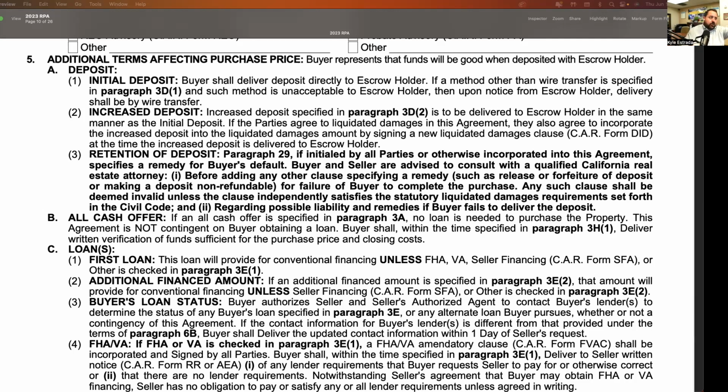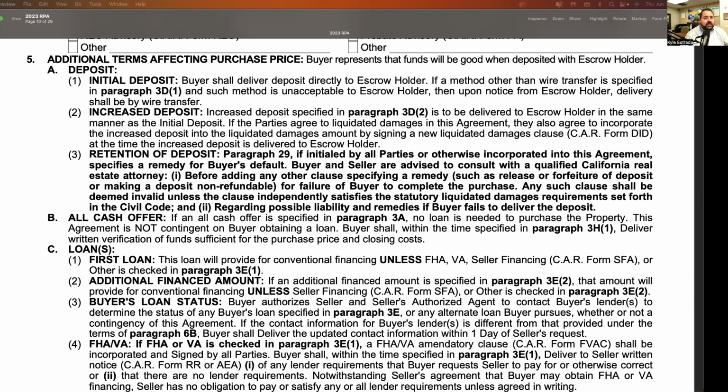So if I did a wire transfer for the initial deposit, I can't do a cashier's check for the increased deposit. It also has to be a wire transfer, and vice versa. If we agreed on a cashier's check, then that's how the initial deposit has to go in. Okay, so just so you guys know.